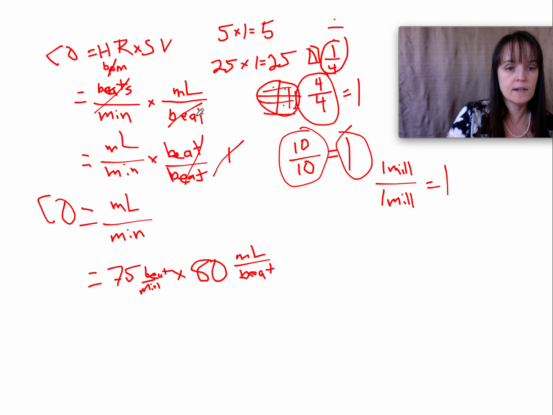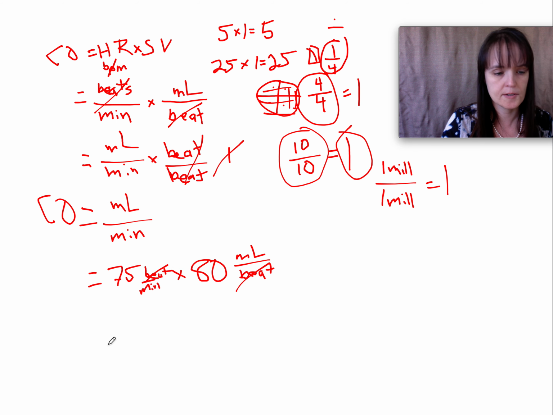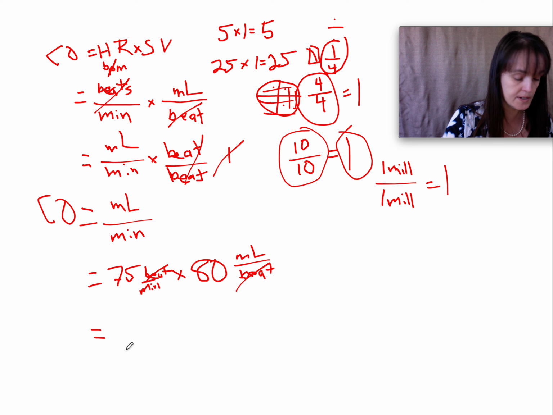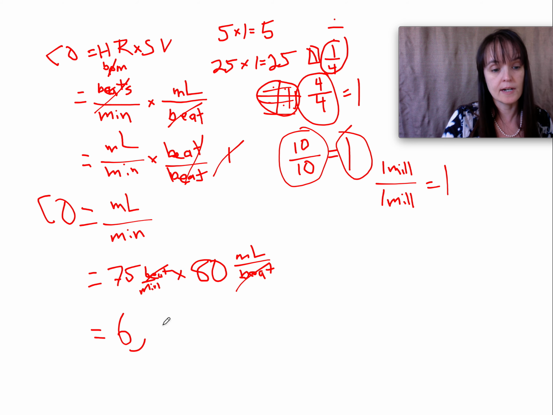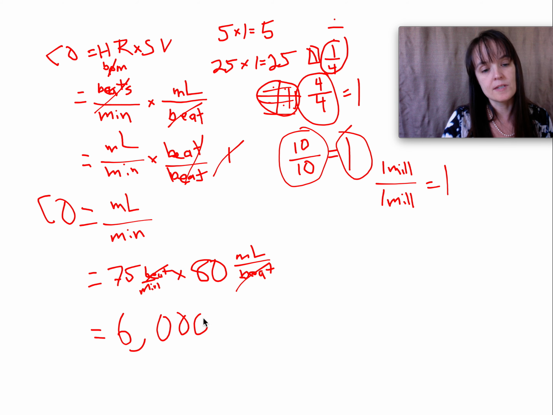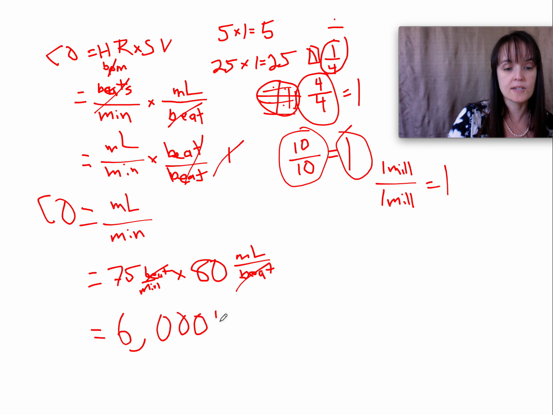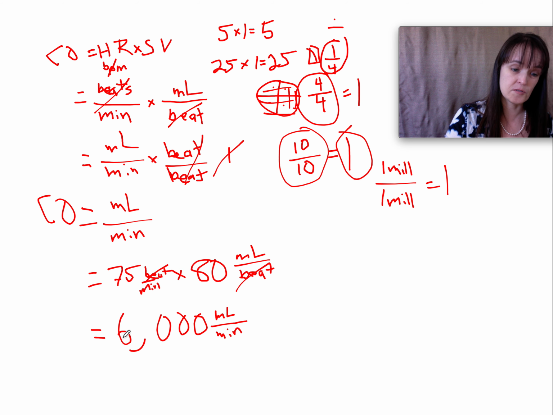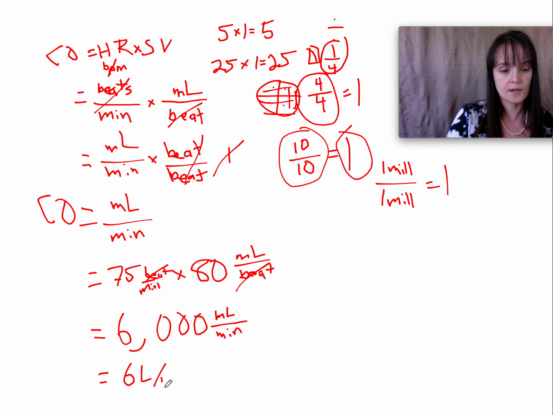So we know that we can just cross the beats out. They cancel out, they don't count. So then my calculator a few years ago said that 75 times 80 was 6,000. So that gives us 6,000 milliliters per minute. So let's just simplify that. So that's 6 liters per minute.